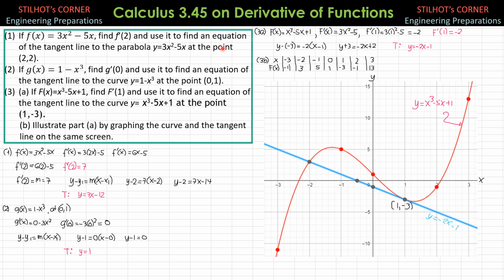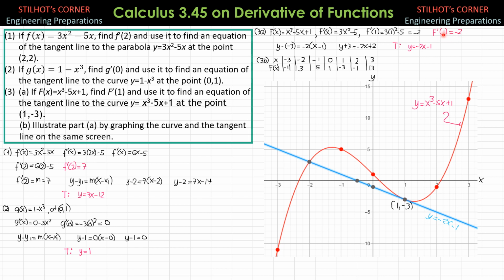So f of x is x cubed minus 5x plus 1. f prime of x is 3x squared minus 5, and the slope, or the value of the derivative of f at x equals 1, f prime at 1, is 3 times 1 squared minus 5. That's negative 2. So f prime at 1 is negative 2.